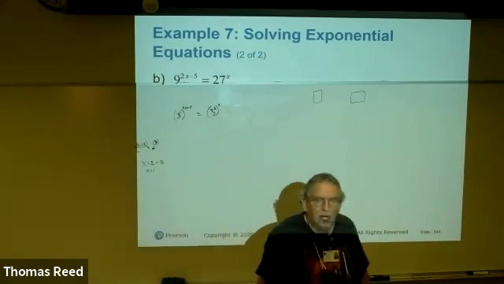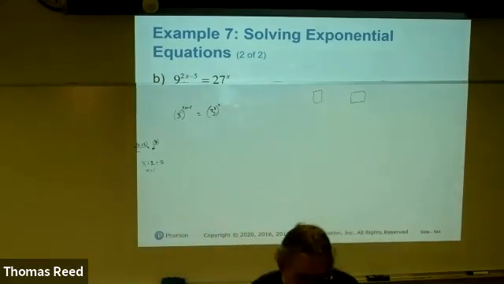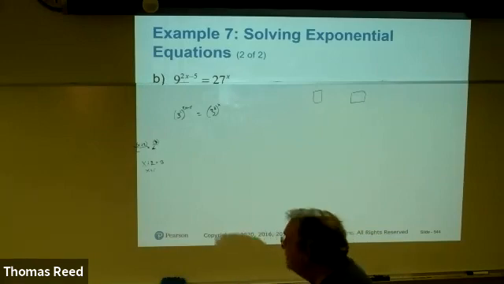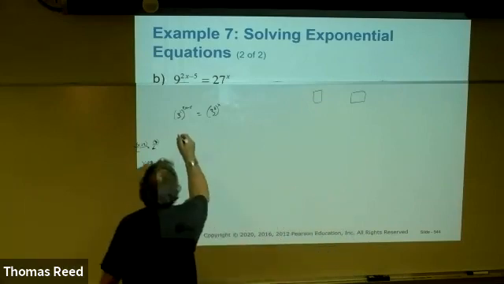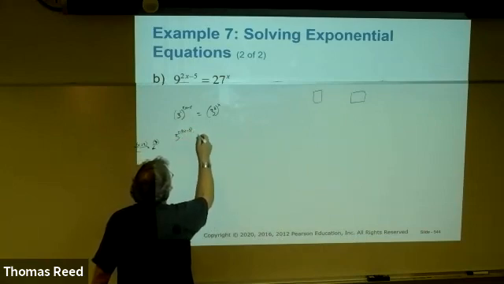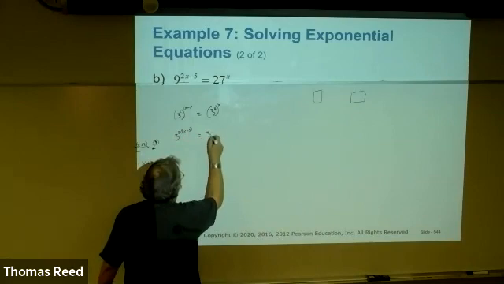And I use the property of raising a power to a power, you multiply the exponents. So this becomes 3 to the 2 times 2x minus 5. And this becomes 3 raised to the 3x.